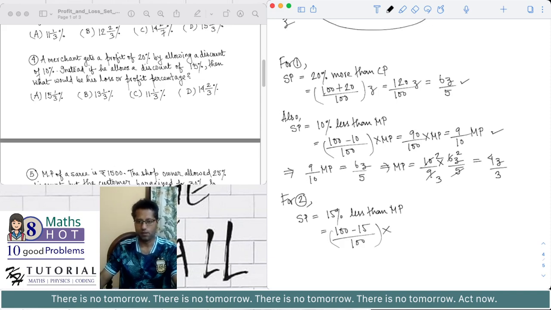We have already calculated the mark price to be 4Z by 3. This is equal to 85 by 100 multiplied by 4Z by 3.